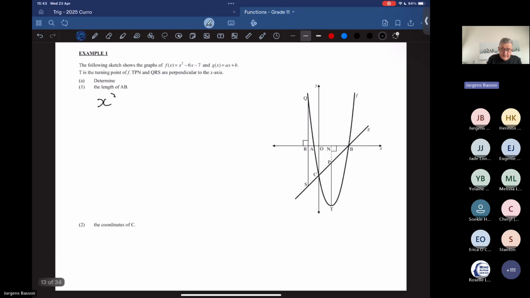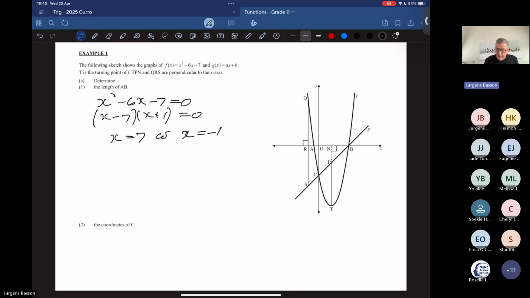That is when x squared minus 6x minus 7 is 0, and we quickly find that x is 7 or x is minus 1. So we've got minus 1 and 7, which means AB will be 8 units. You all agree, because OA is 1 unit and OB is 7 units, so a total of 8.